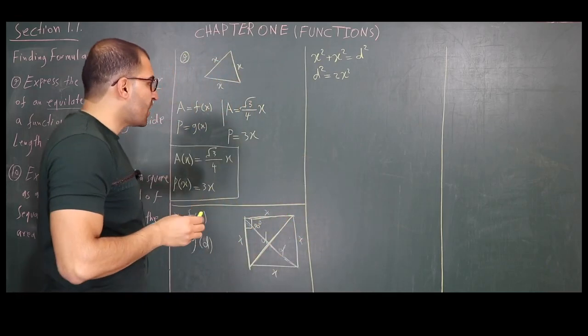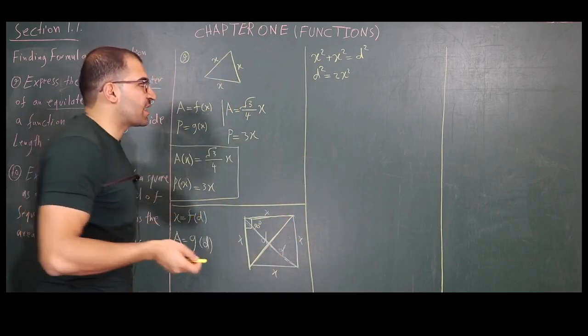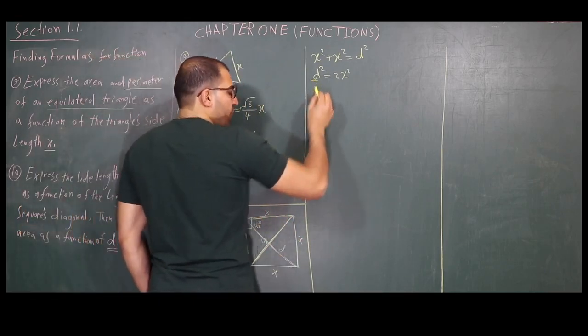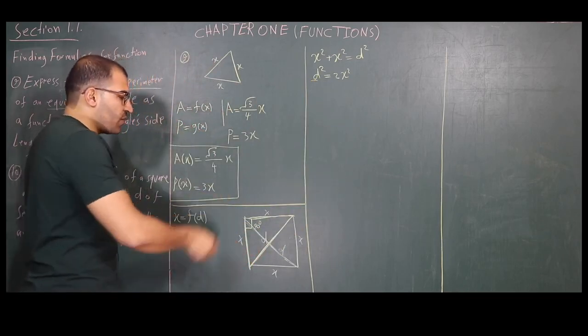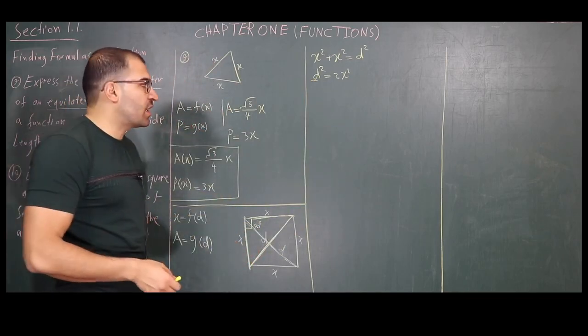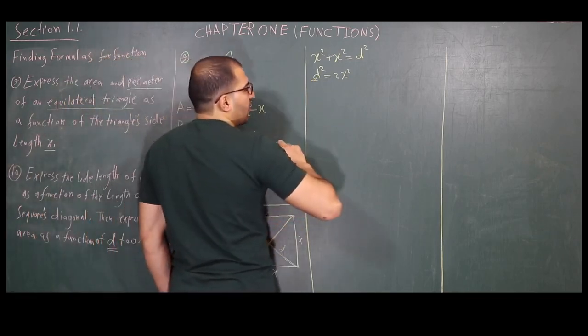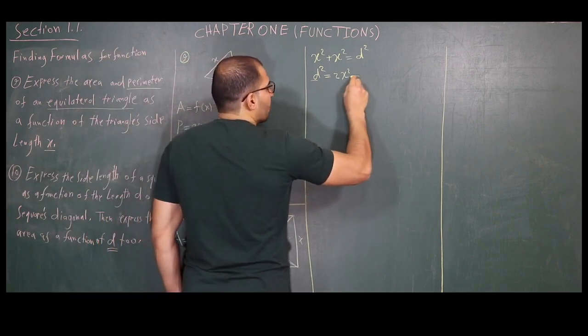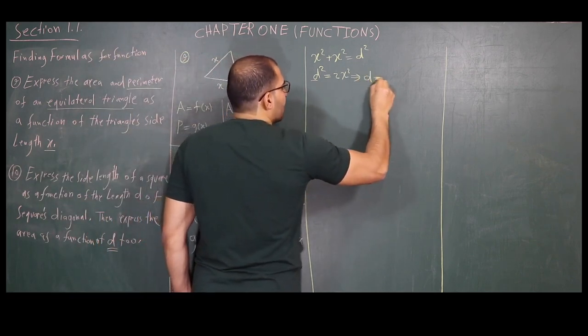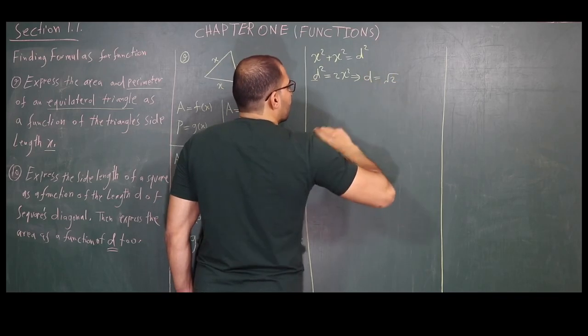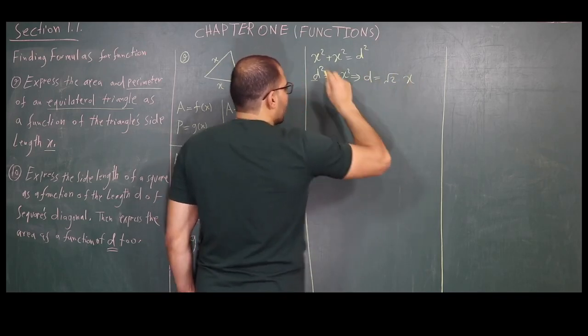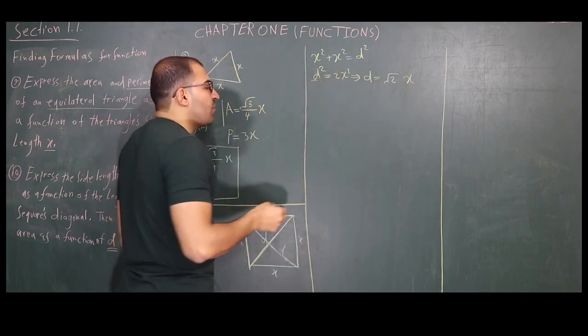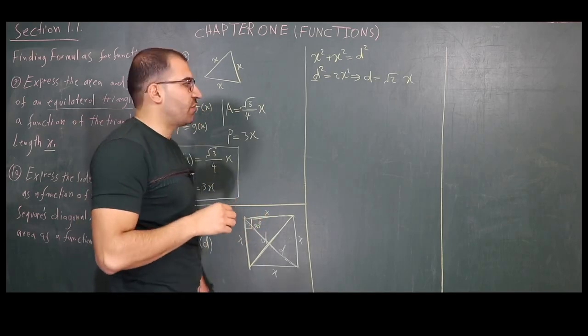Okay? So I need to express x. Both x and D are positive because they represent just length. So I'm going to take the square root of both sides: D equals the square root of 2 times x. I don't need to put absolute value because both values are positive.